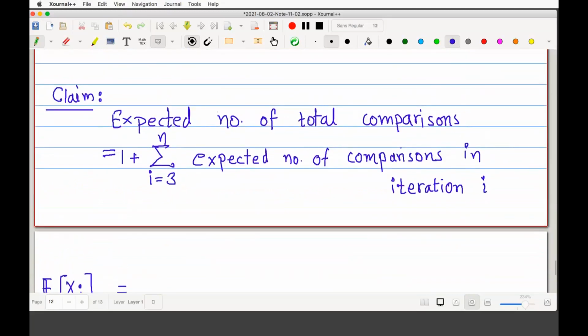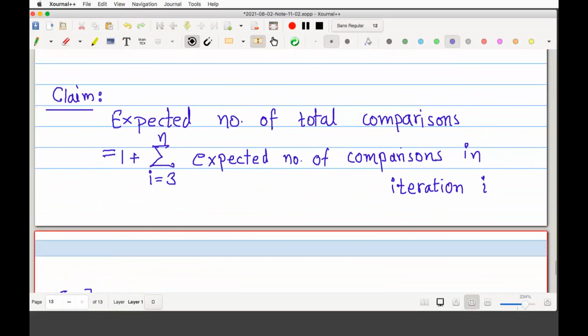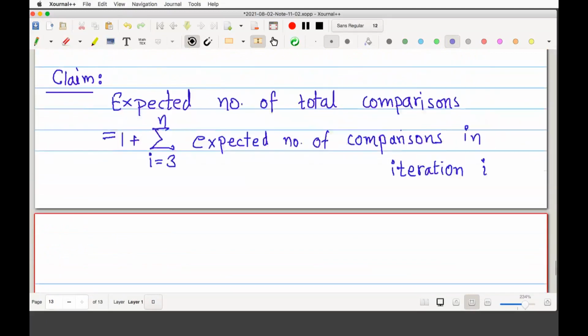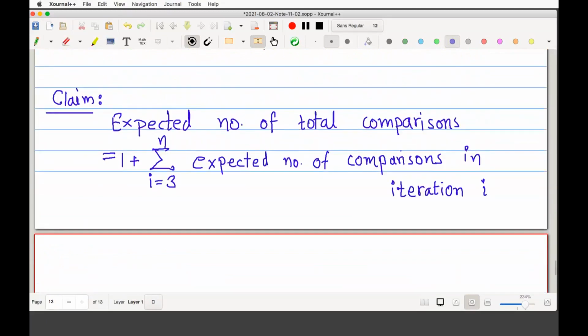Right, correct. I'm not sure if everyone is familiar with linearity of expectation, but this is not an obvious statement. It's not very hard to prove. If you think about it, you can figure it out, but it's not an obvious statement.